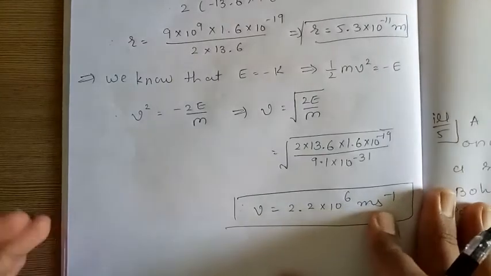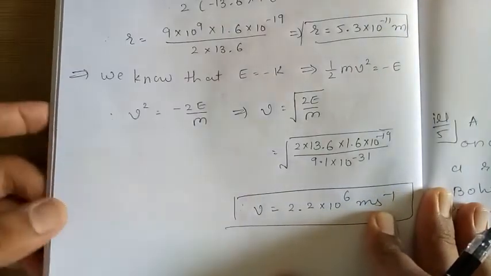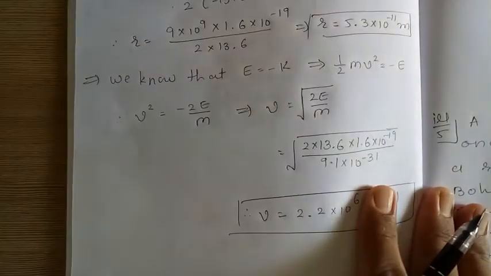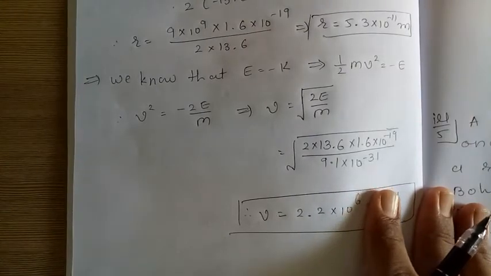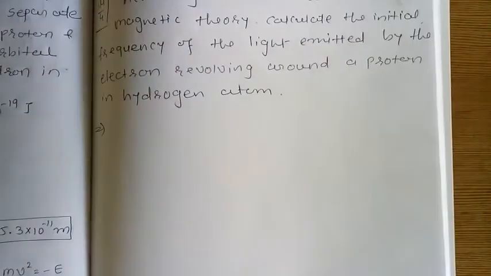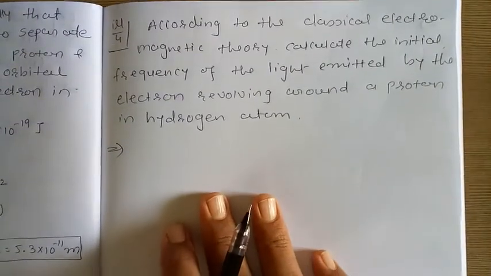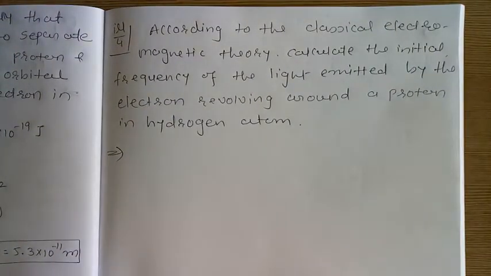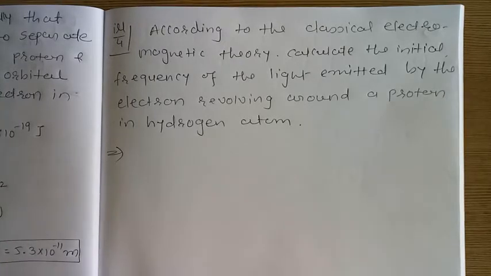Okay, now we move forward to our next example, that is illustration number 4. According to the classical electromagnetic theory, calculate the initial frequency of the light emitted by the electron revolving around a proton in hydrogen, right?